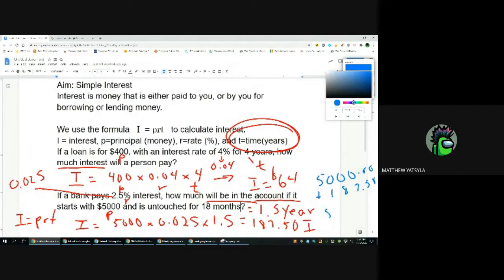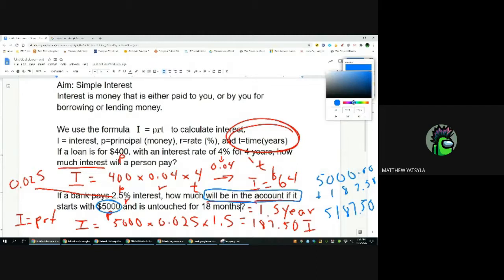So we wind up with $5,187.50. So why this one is so much is because we're asking for how much will be in the account, which means we still have to add this $5,000 that was there plus the interest. This one, we're only looking for how much interest for the one above it.